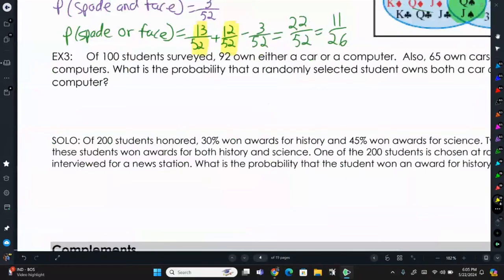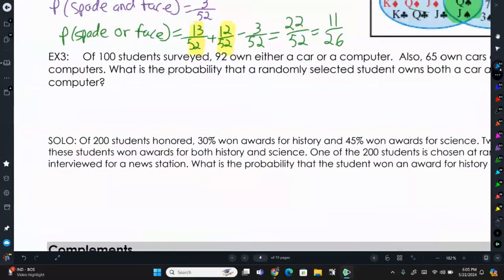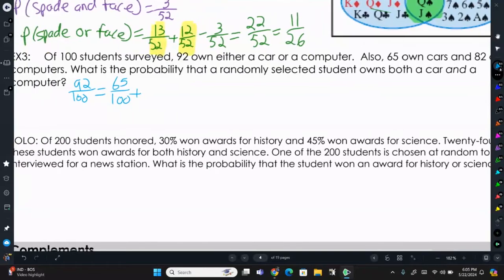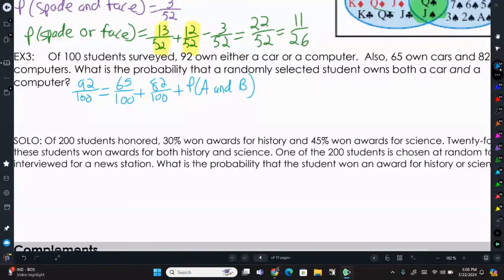So the probability of getting either, 92 out of 100, is equal to the probability of a car plus the probability of a computer, which is 82 out of 100, plus the probability of A and B, or the car and the computer.